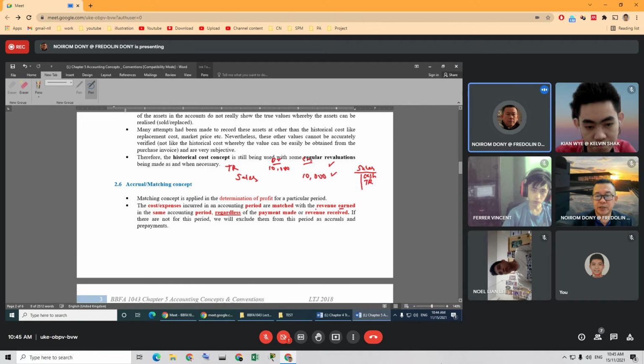What about expenses? Expenses are also the same thing. Take a look at purchases. Purchases is an expense, a debit item. So we have cash and we have credit. This is what we call incurred.